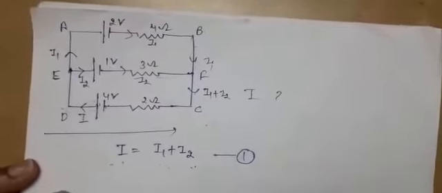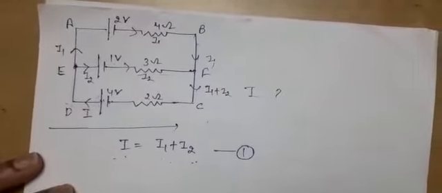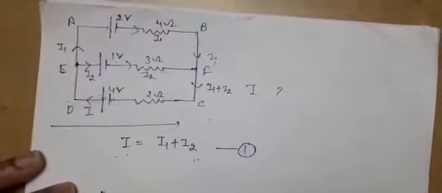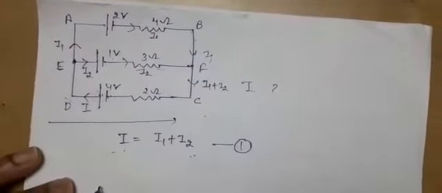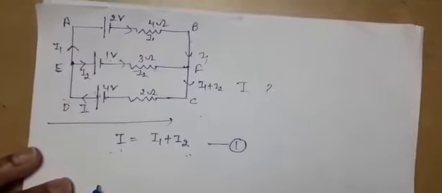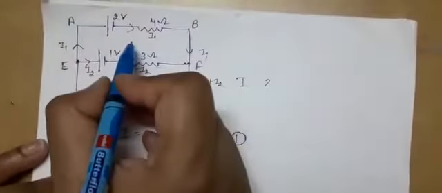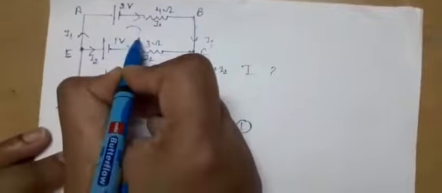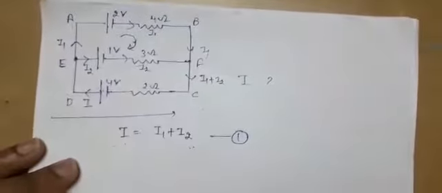Now we have to apply Kirchhoff's second law, the voltage rule or loop rule, to get the values of I1 and I2. First of all, we will consider loops. I prefer to take the direction along the direction of current.